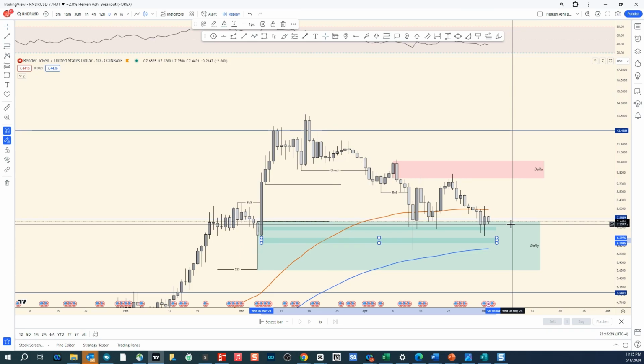Or the more times it gets tapped on, the bigger chance it has to break down. Me personally, I just want to be the first person into that zone, and then also the first person out, and I want to be done with it. Because the more times that you take trades from that same zone, the less likely that trade will succeed. And I've been a part of that as well.